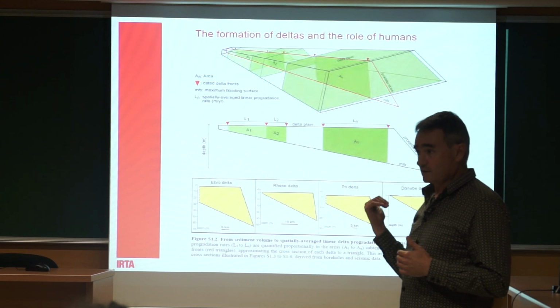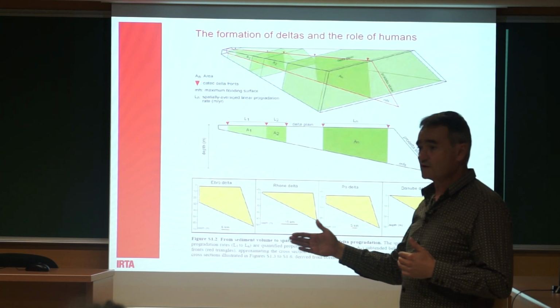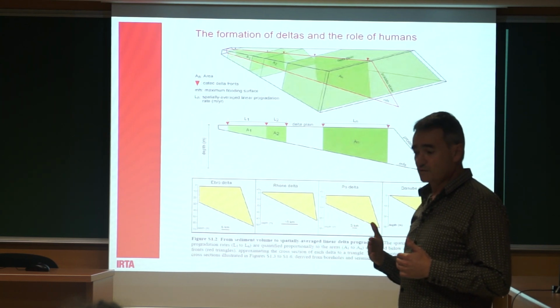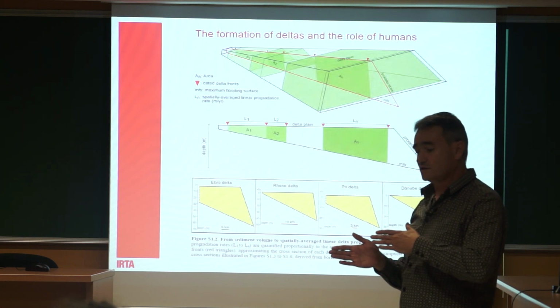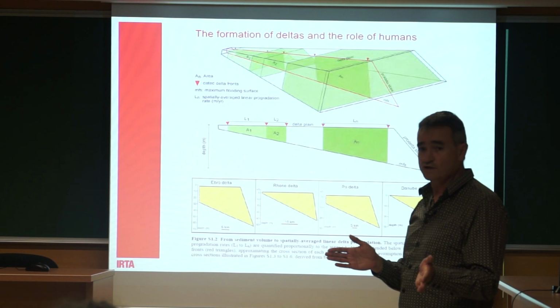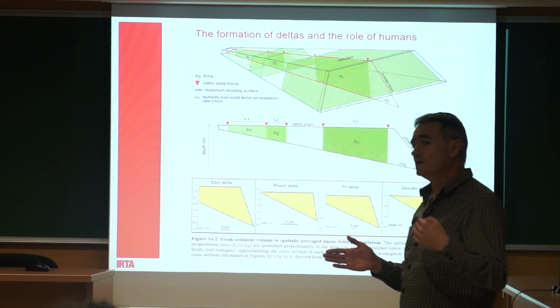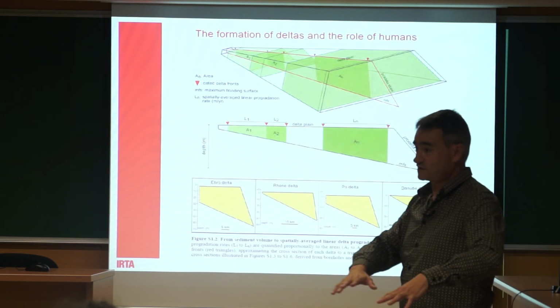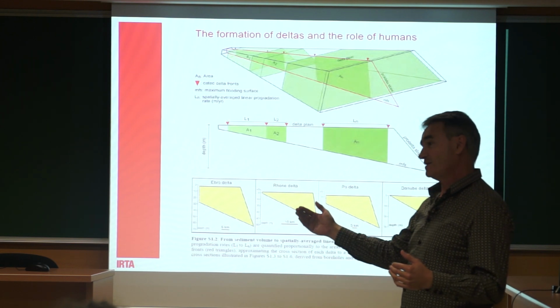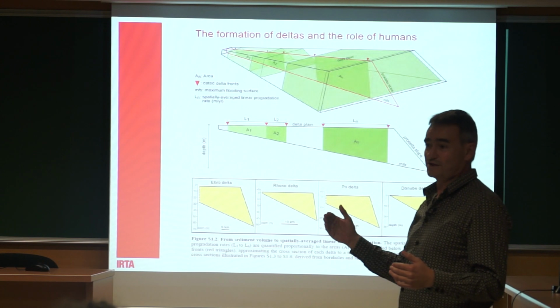And again, in some cases you can find a quick retreat or a quick advance of the delta, but it's because we have had this change in the main river branch. So now the new lobe is always growing very quickly because it's a shallow area, and the old one is quickly retreating, right?